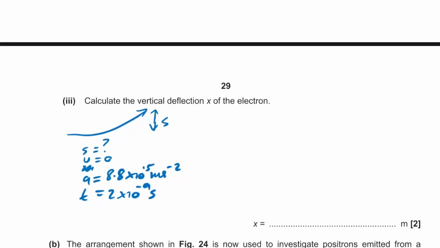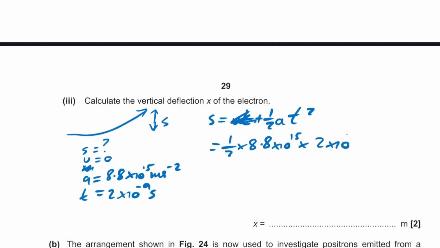Okay, so we're going to be using s equals ut plus half at squared. Classically, u is 0, so therefore we forget about that. So this is equal to half times 8.8 times 10 to the 15 times by t squared, so 2 times 10 to the minus 9 squared, which I'm just going to call 4 times 10 to the minus 18. So that's equal to 4.4 times 10 to the 15 times by 4 times 10 to the minus 18.